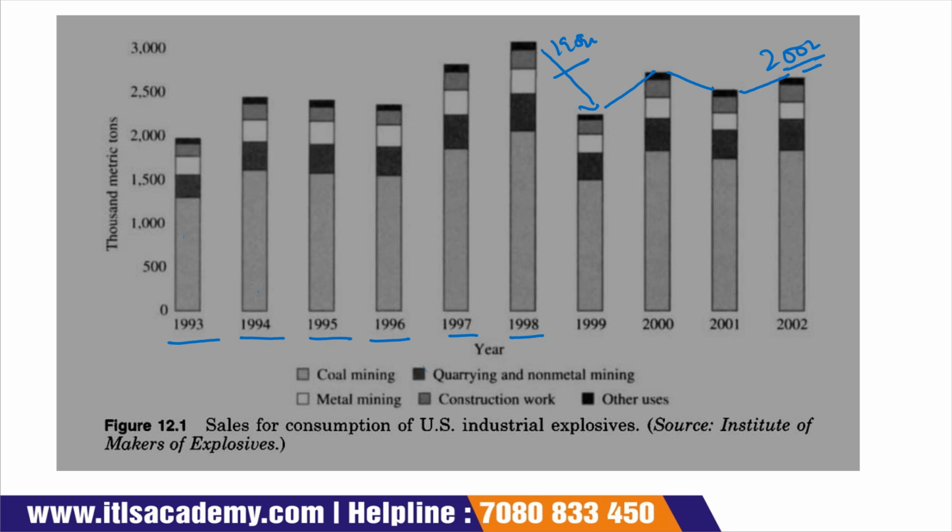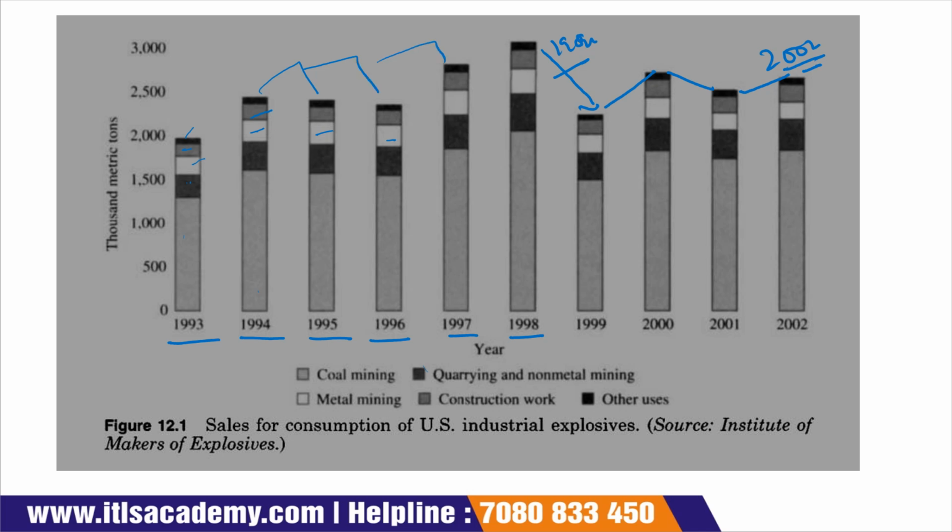Then the black part represents quarrying and non-metal mining. Then metal mining is represented by this one. After that, construction work is represented by this one, and the other uses are represented by this one.